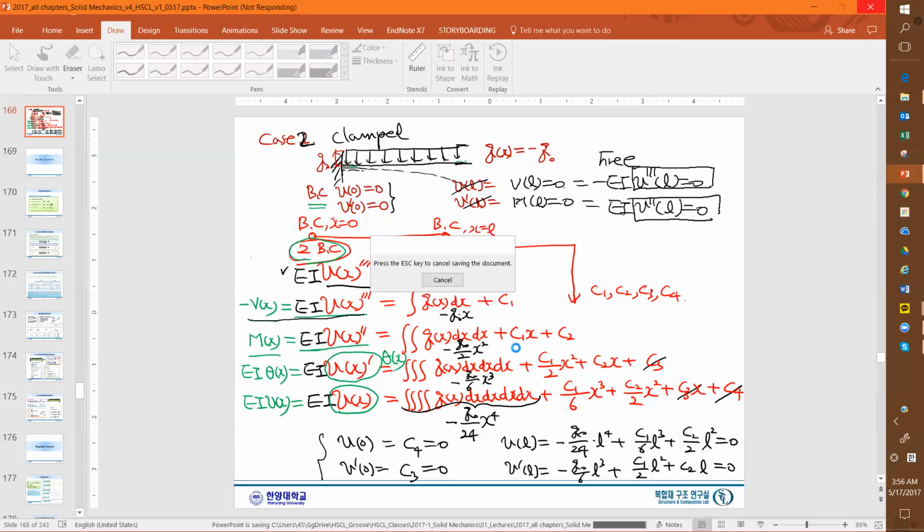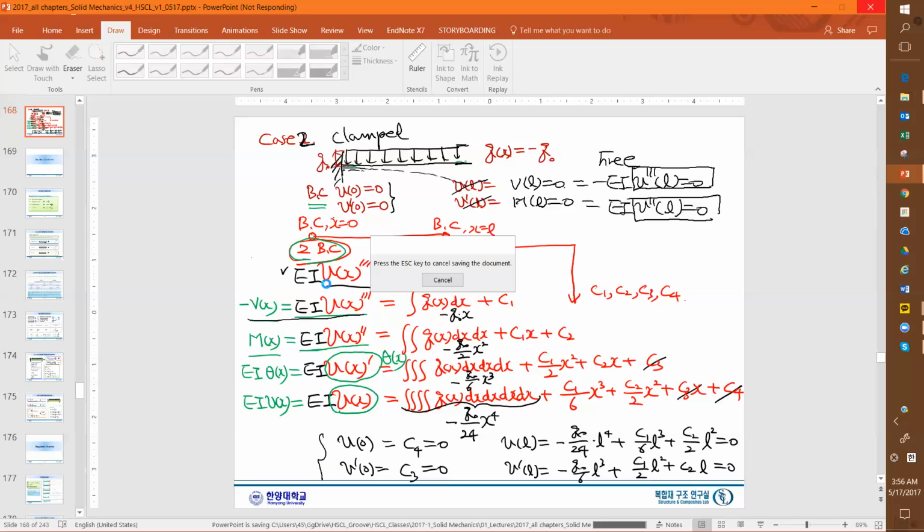Why? Simply because we know C1 and C2 from the boundary conditions. So this equation means moment as a function of x. Yes, it is a very important equation, right? And then this one, with C1 and some function, will give us the shear force as a function of x.